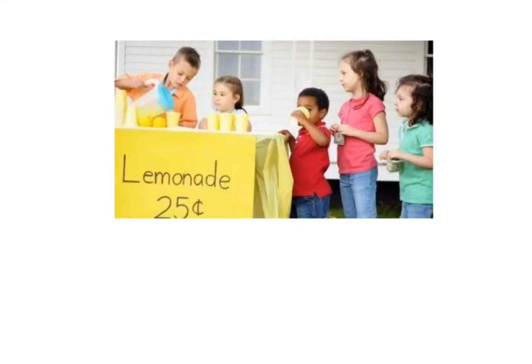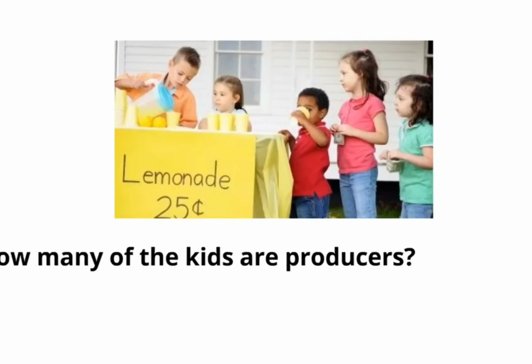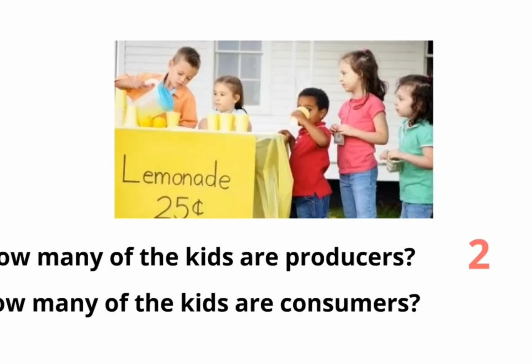Wonder if you could help me figure out how many are producers and how many are consumers. So, how many of these kids are producers? This is a picture of a lemonade stand. How many of the kids are producers? Yeah, 2. 2 of them are producers. Now this might be easier. How many of the kids are consumers? How many of them are going to buy the lemonade? Yeah, 3.